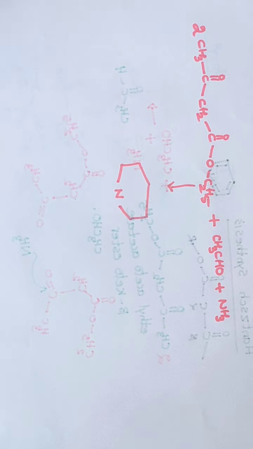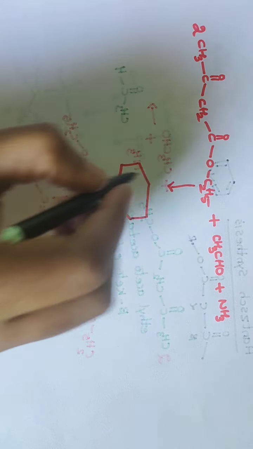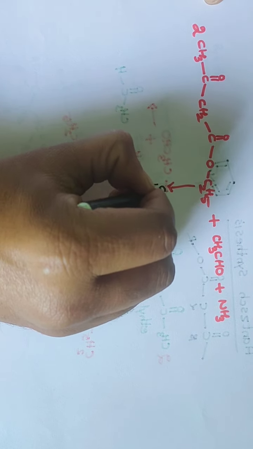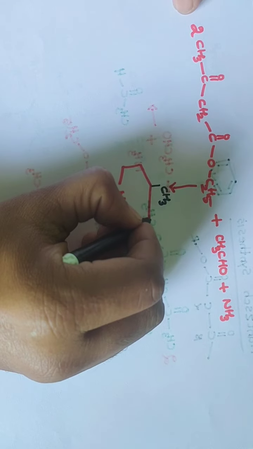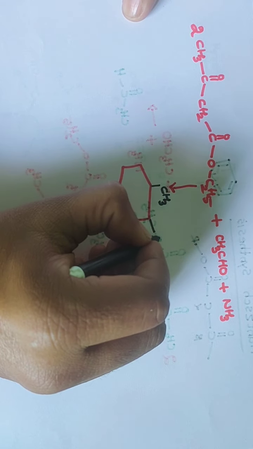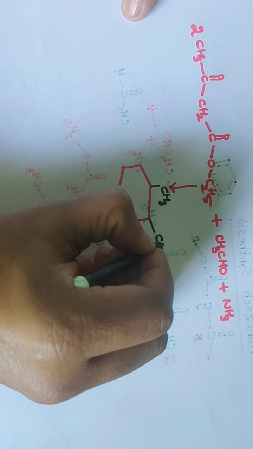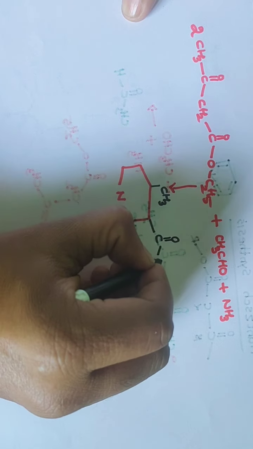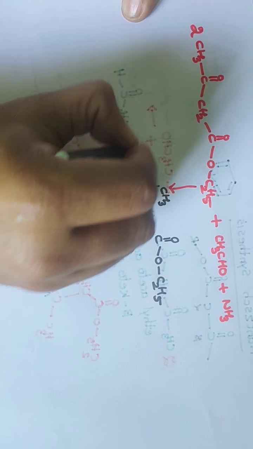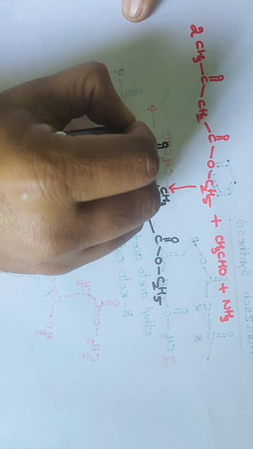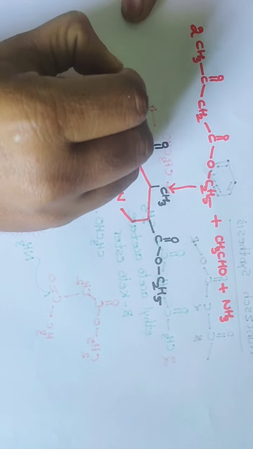A pyridine derivative. So here there will be a methyl group. There will be an ester part here, C double bond O, OC2H5. There will be an ester here, C double bond O, OC2H5.